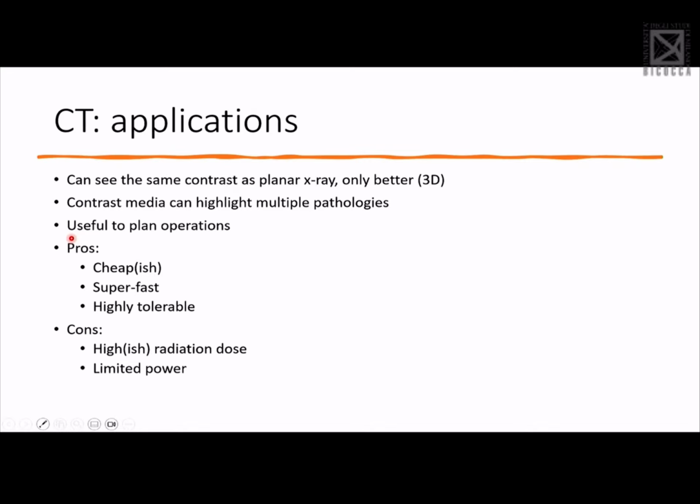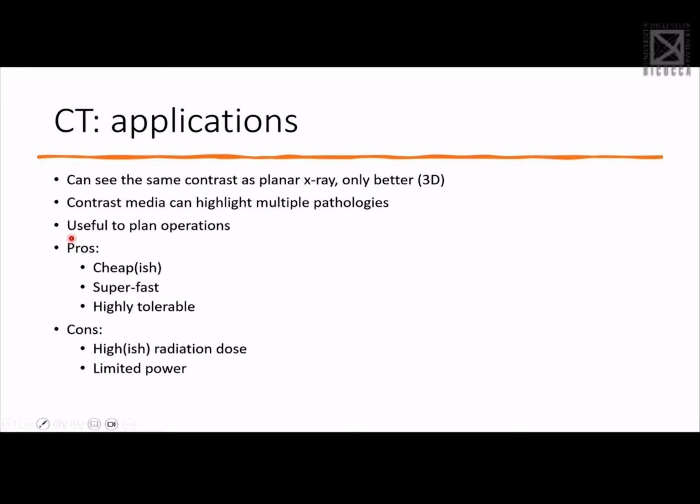So the cost is mostly the team that needs to operate it, because to acquire a scan you need a physician that does the reading, and in Italy they also need to be present for legal reasons, a technologist that operates it, and maybe a nurse if you need to do contrast media injection. And this team can work only 8 hours per day. The CT scanner generally works 24 hours per day, or sometimes 12 hours. So the cost of the personnel is much, much more than that of the scanner.